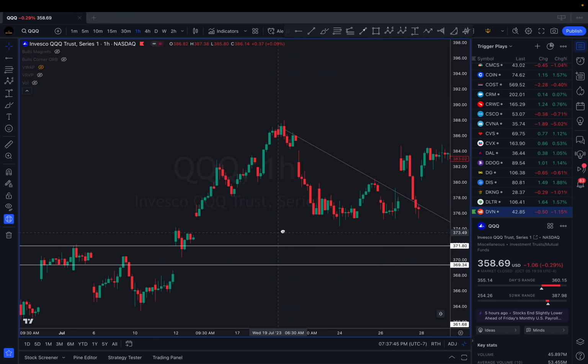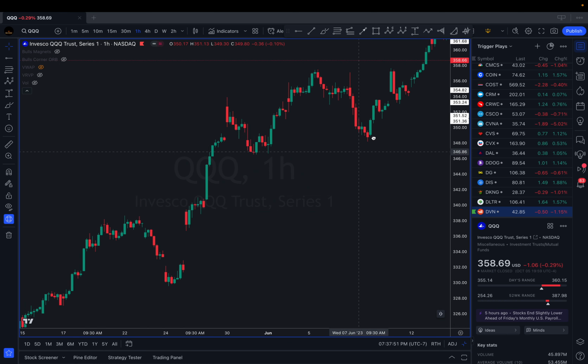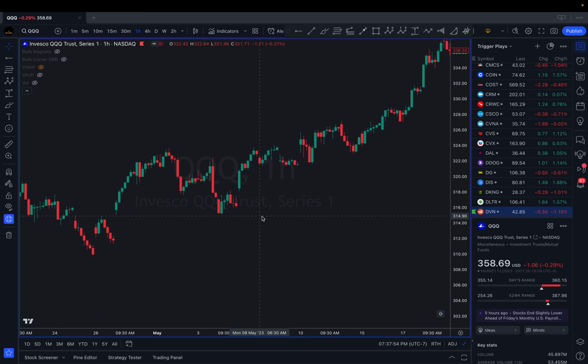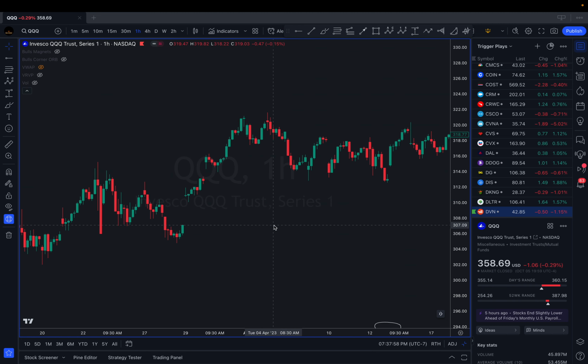So now we talked about a shooting star, evening star, hanging man, all these patterns. Triceratops is something rare. I don't see it often.